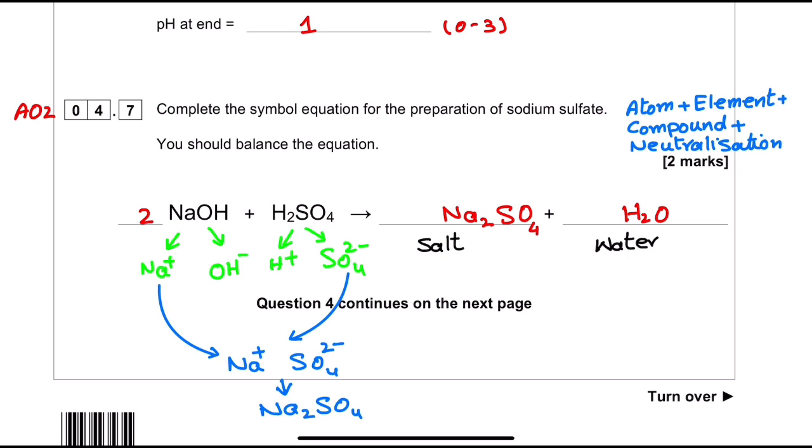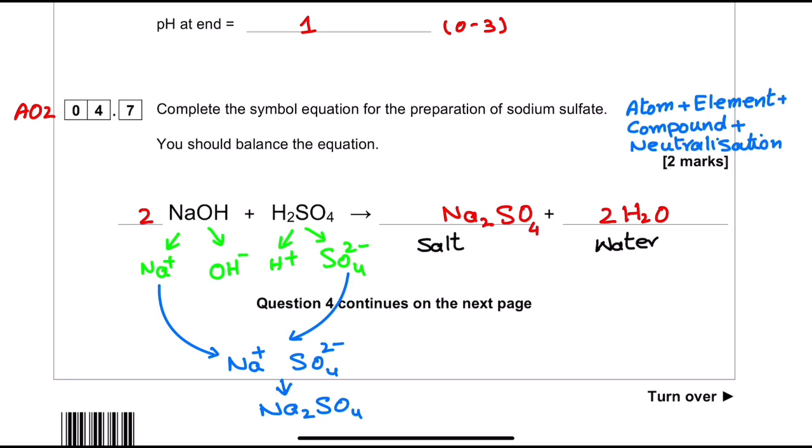Let's see how many moles on the left and right side. 2 sodium, 2 sodium, 4 hydrogen. There are only 2 hydrogen on the right side, so we need to multiply by 2.